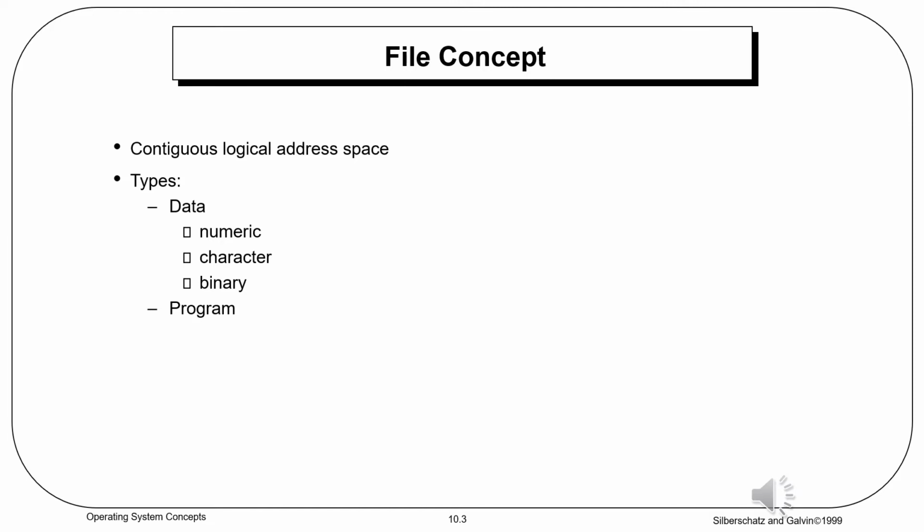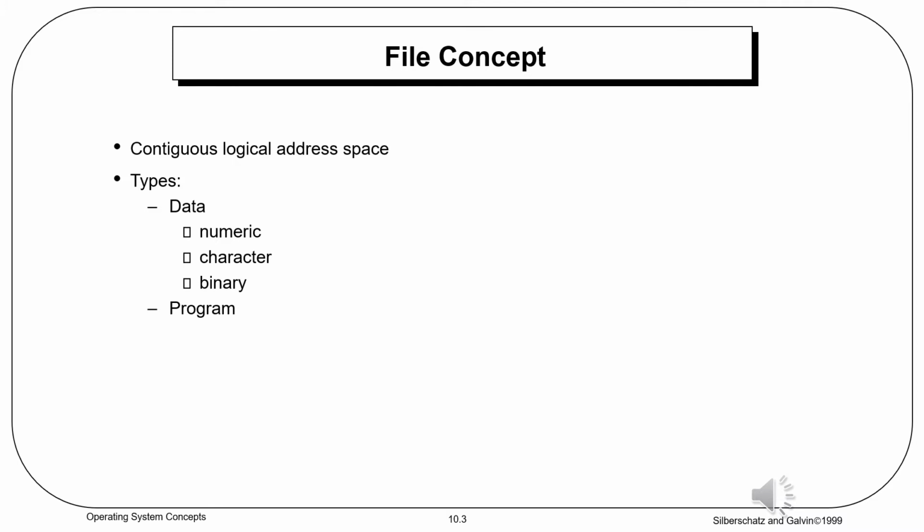A file is a named collection of related information that is recorded on secondary storage. From a user's point of view, a file is the smallest allotment of logical secondary storage.